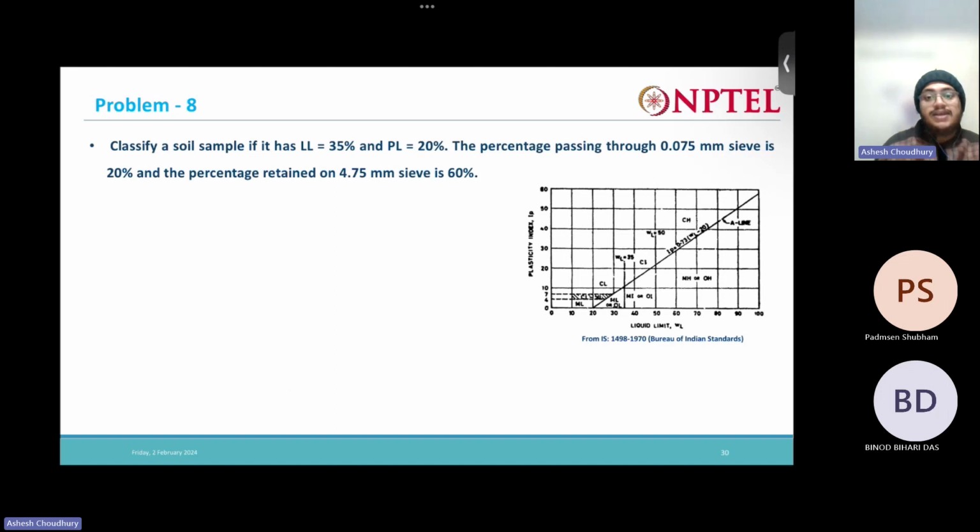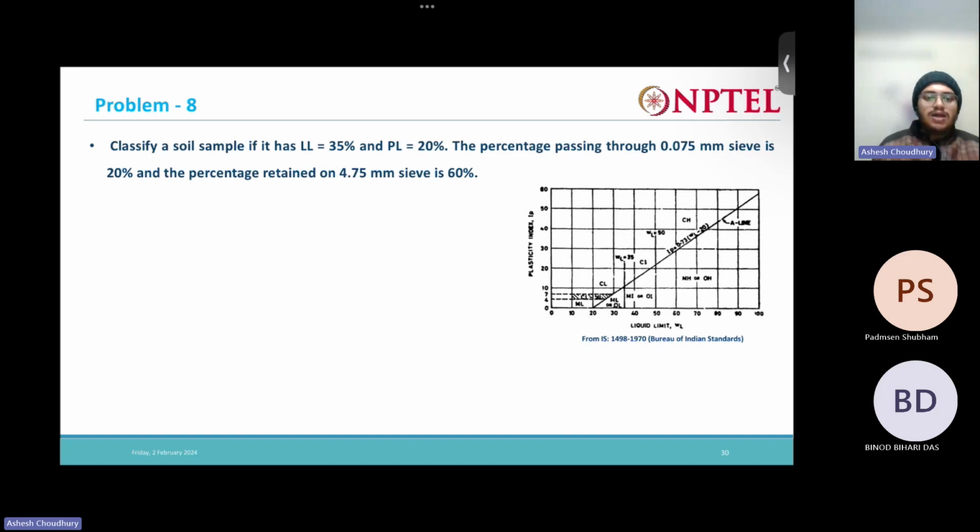Just try to solve. First, identify whether the soil is fine soil or coarse soil. Coarse soil, correct. You have correctly identified the soil as coarse soil.